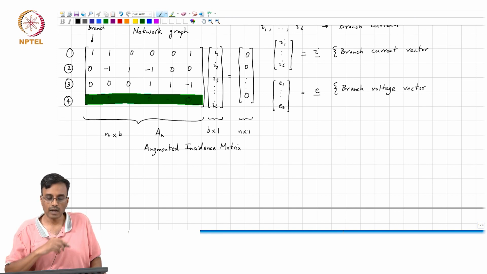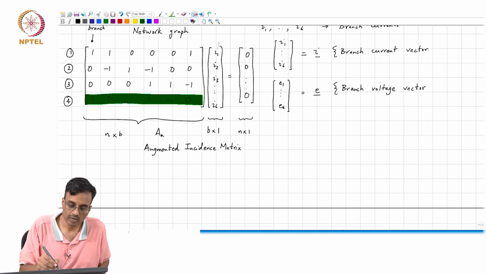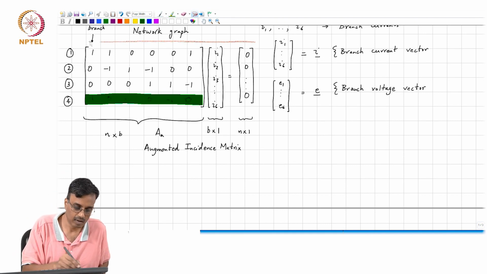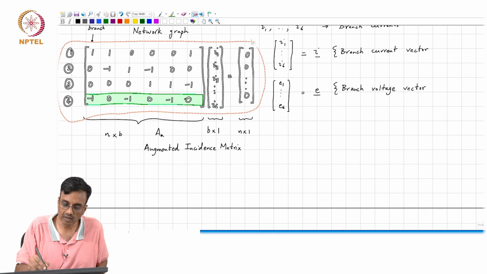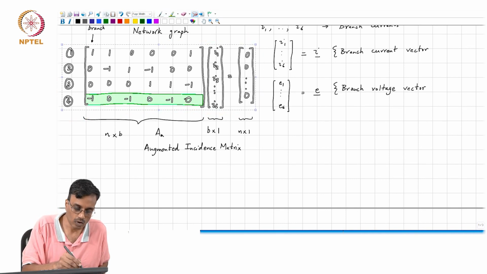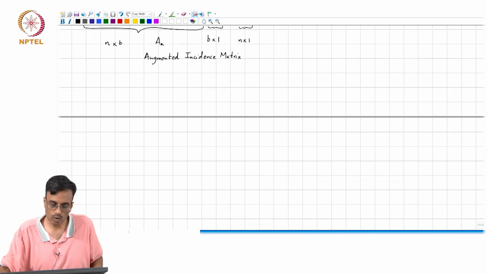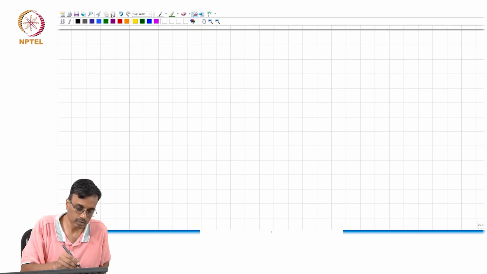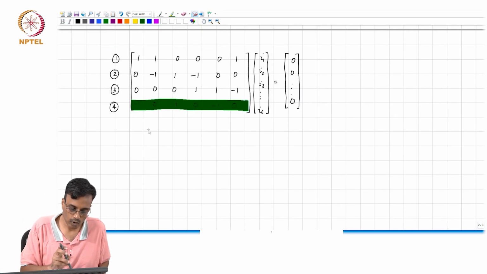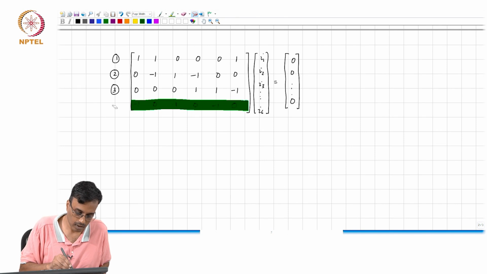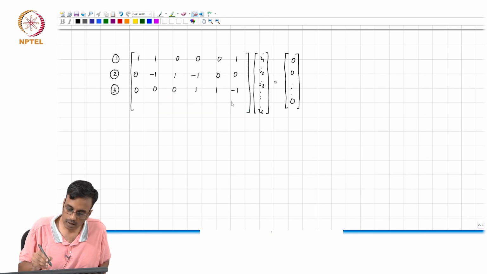All right. Now, what we realize is that we do not really need all these rows. So, we can do with one fewer row. So, we can eliminate a 0 here.